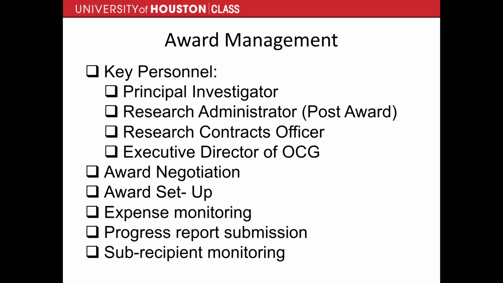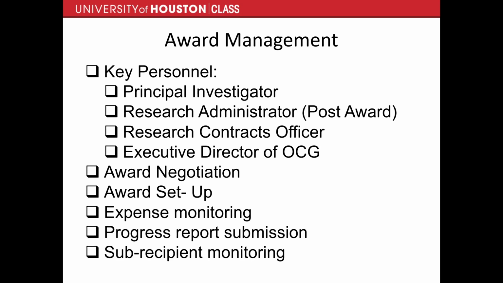So in the award negotiation phase of award management, usually the award's been awarded to the principal investigator, and now you have to involve the executive director of the Office of Contracts and Grants, as well as the research contracts officer, which is pretty much like the legal person that reviews the contracts to make sure they're in compliance with what the university holds as standard and things like that.